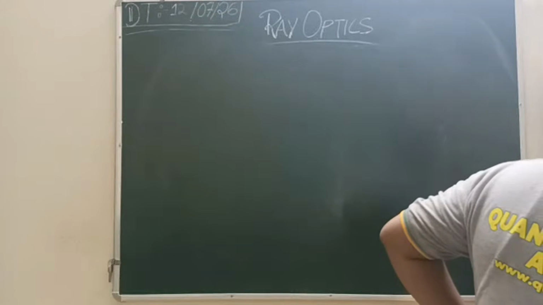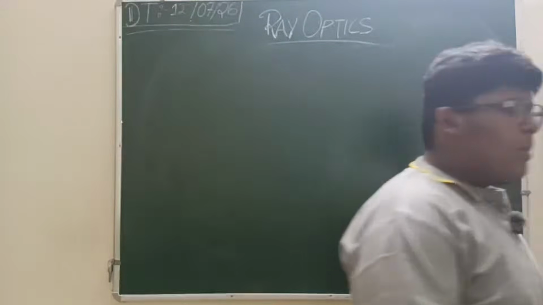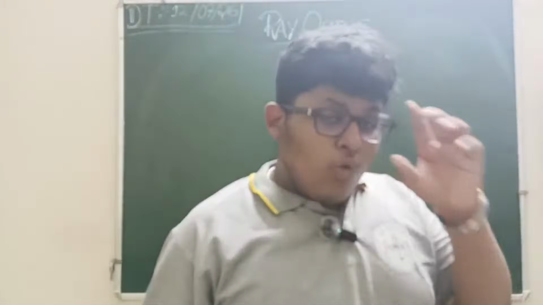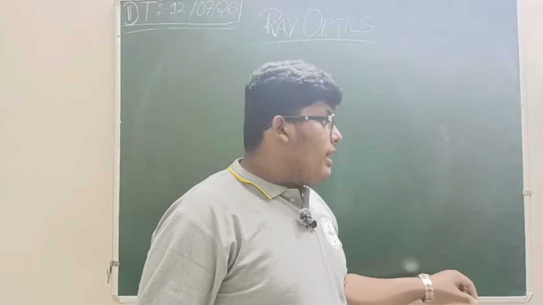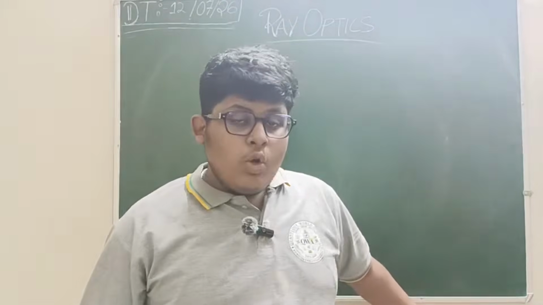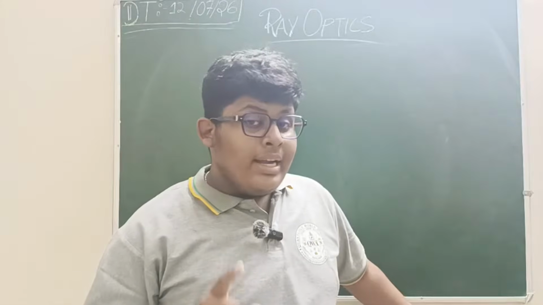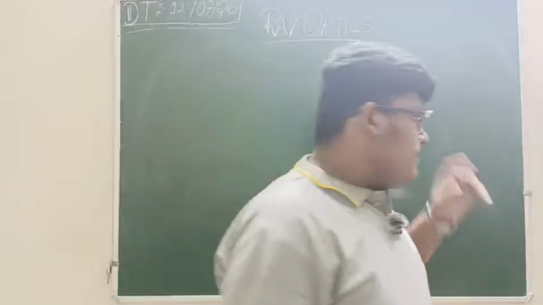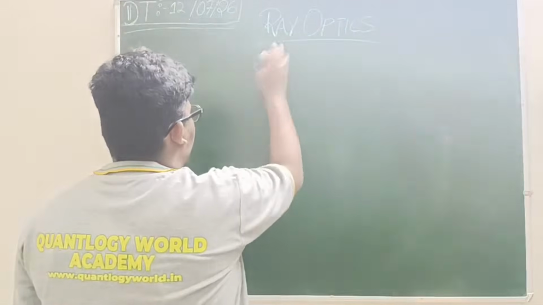Next, what is lens? A transparent optical device with at least one curved surface which refracts light is called lens. Again I am repeating, a transparent optical device which has at least one curved refracting surface is called lens. There are 2 types of lens basically we will study.